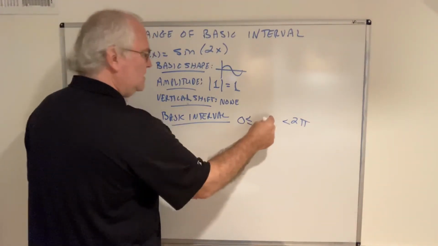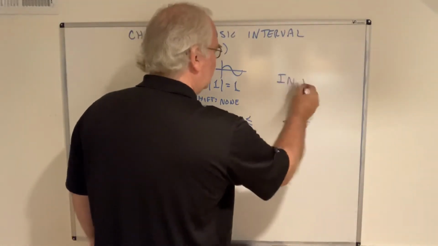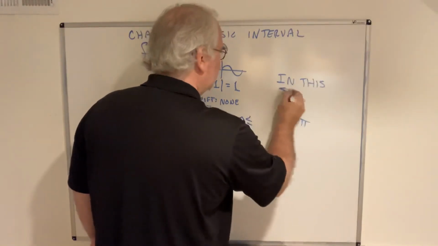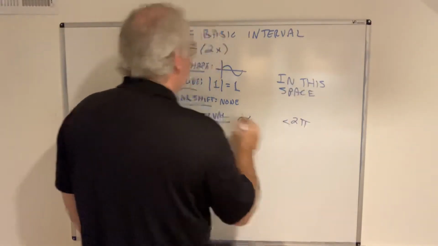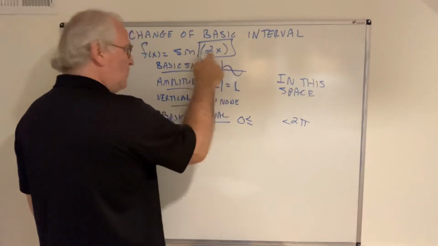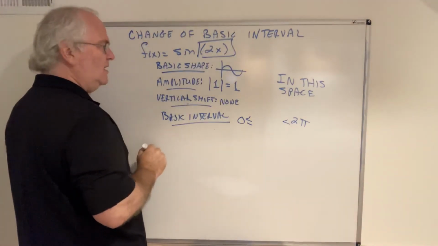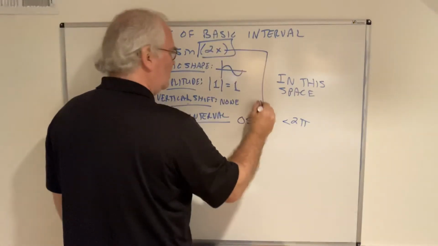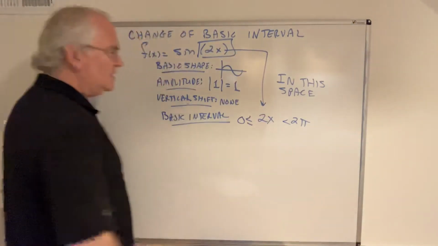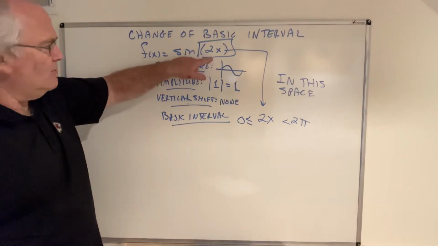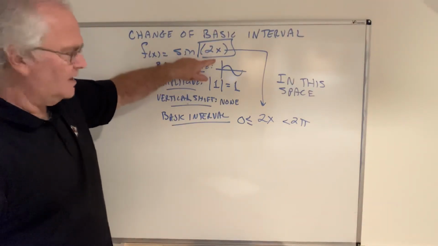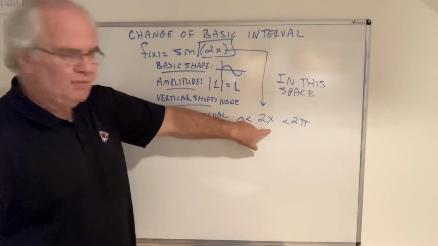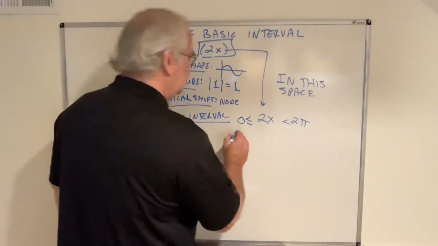In this space, put what's in those parentheses. Put that expression, 2x. Whatever is the argument for sine, whatever's in those parentheses, put it here. Now, solve for x.